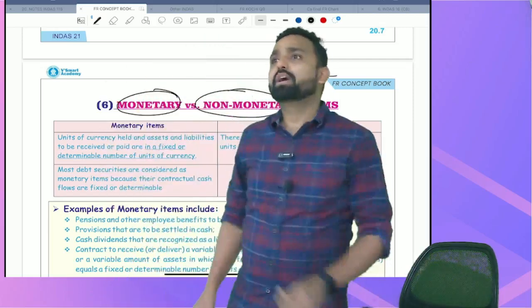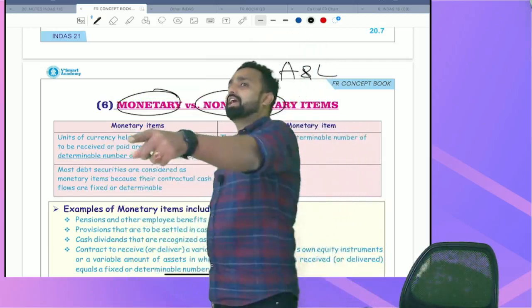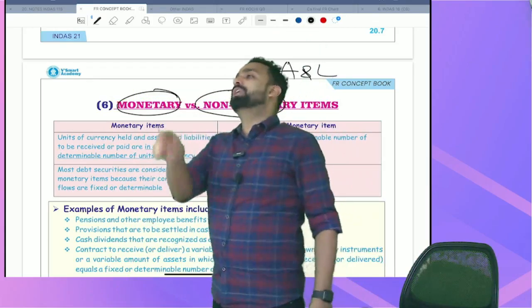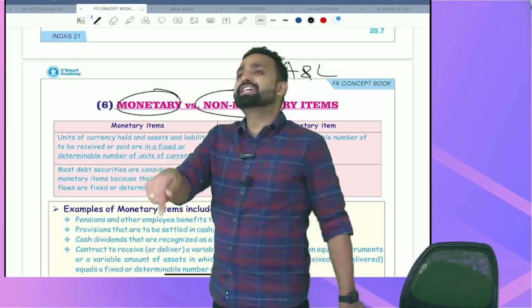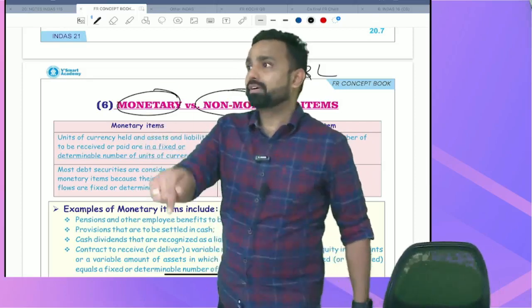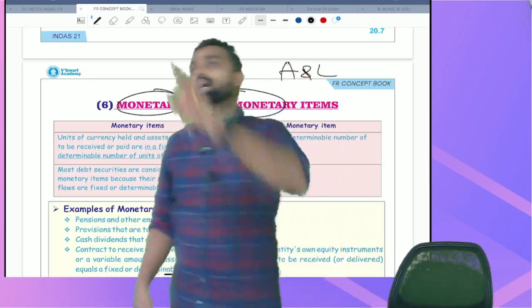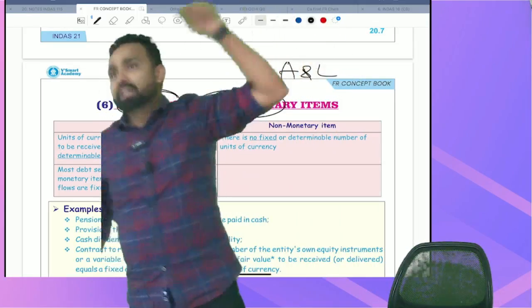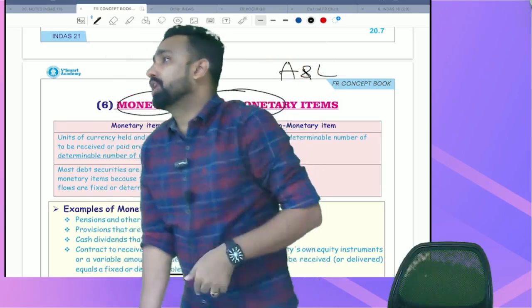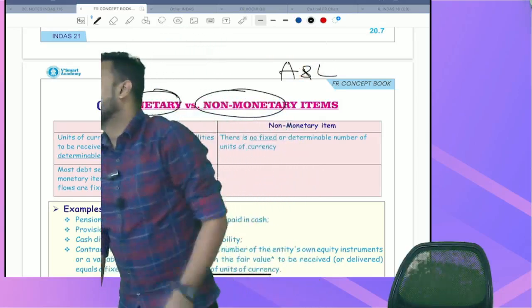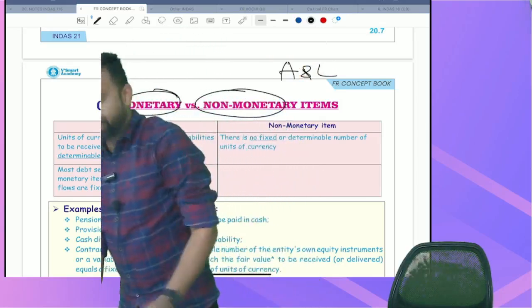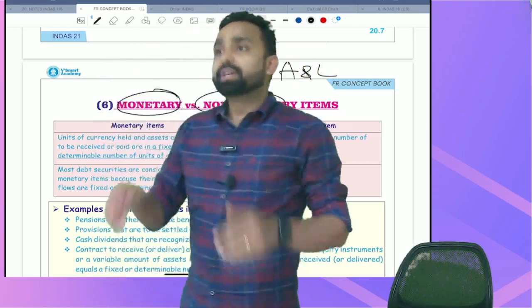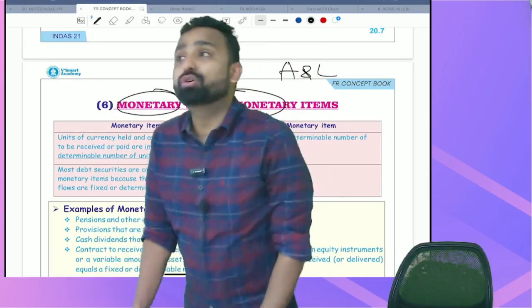So on balance sheet date, Ind AS says it is your FCMI. Revalue this FCMI on the balance sheet date, at the balance sheet rate. Suppose I recorded Mr. John's $50,000 previously at 80 rupees. Now at balance sheet date, the dollar becomes 82. What should I do?